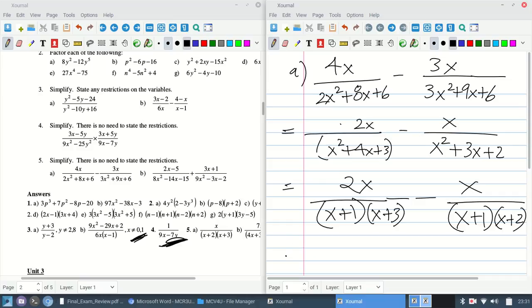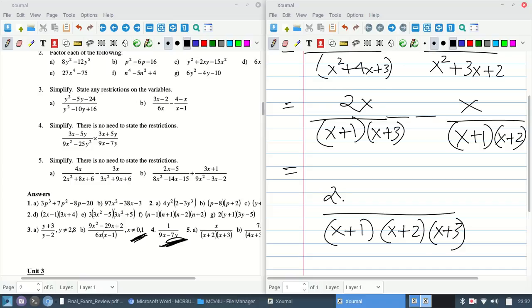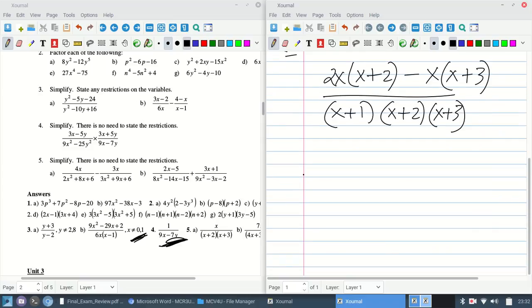Now the common denominator is essentially the product of x plus 1, x plus 2, and x plus 3. Now this guy's missing x plus 2, so I got 2x times x plus 2, minus x, and this guy's missing x plus 3, so I put x plus 3, and then I simplify.